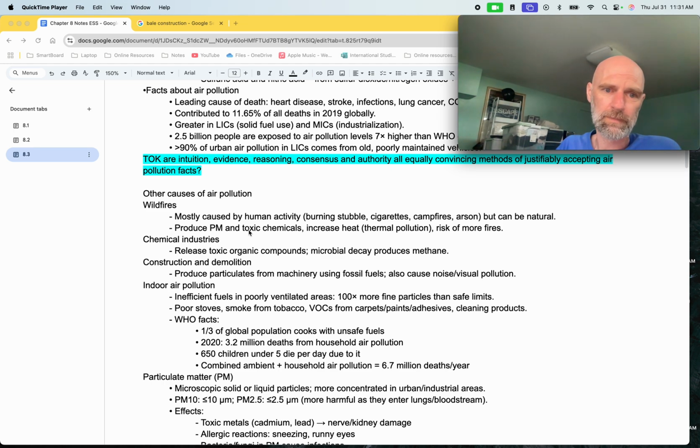So, all right. Produce PMs and other toxic chemicals, increase heat, thermal pollution, risk of more fires. Yeah, so it doesn't take a rocket scientist to figure out, a forest fire can then propagate and cause even bigger forest fires or more forest fires, and stuff gets blown in the wind.